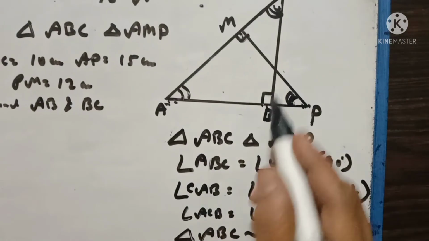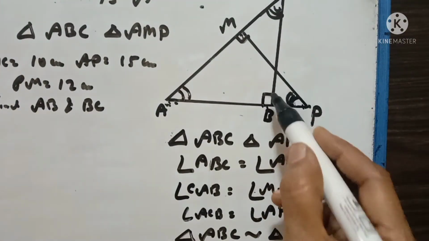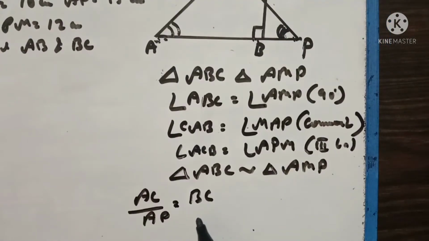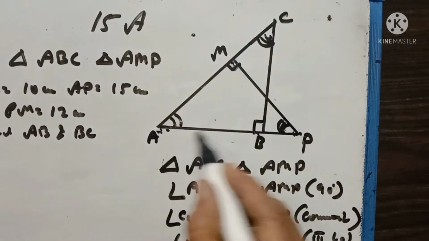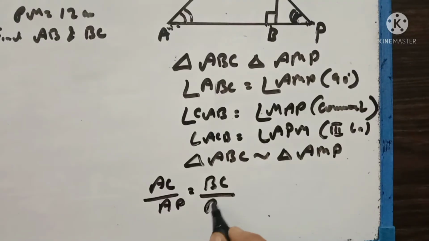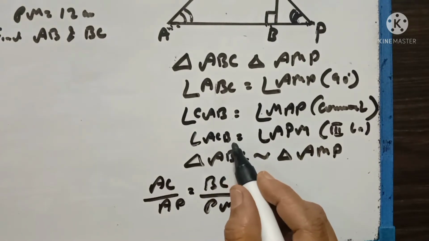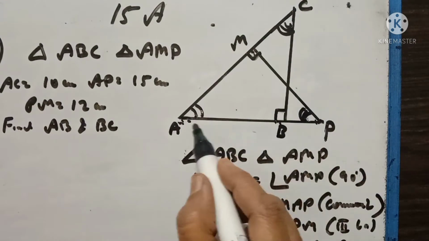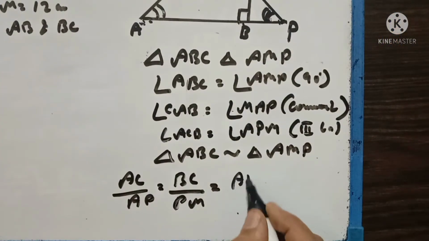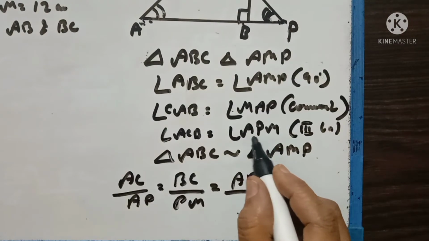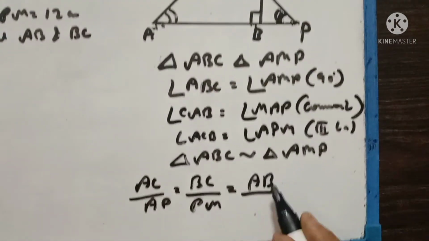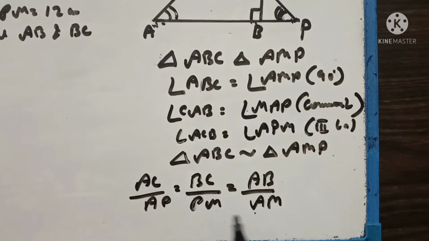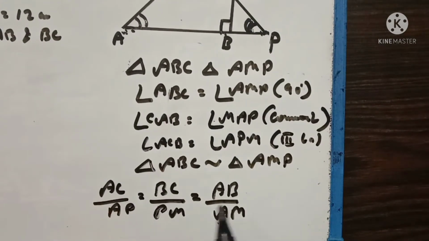Side opposite angle CAB, BC, upon side opposite angle MAP, PM, is equal to side opposite angle ACB, AB, upon side opposite angle APM, AM. The corresponding sides of two similar triangles are proportional.